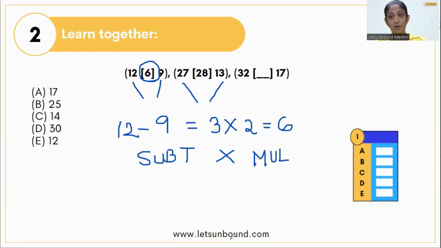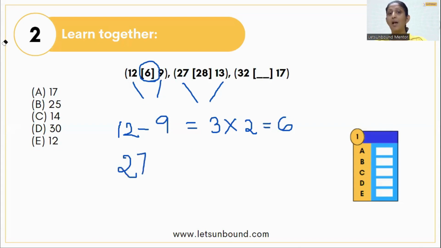Let us use the same logic and do the confirmation if these operations are even okay with the second one. So in the second example, I have the number 27. I am going to subtract the other number 13, and 27 minus 13 gives me 14.